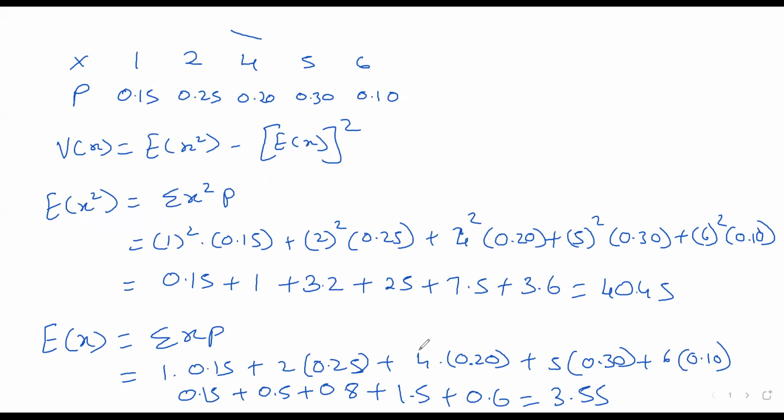It is 0.15 plus 1 plus 3.2 plus 25 plus 7.5 plus 3.6. This 25 has come as a big number.